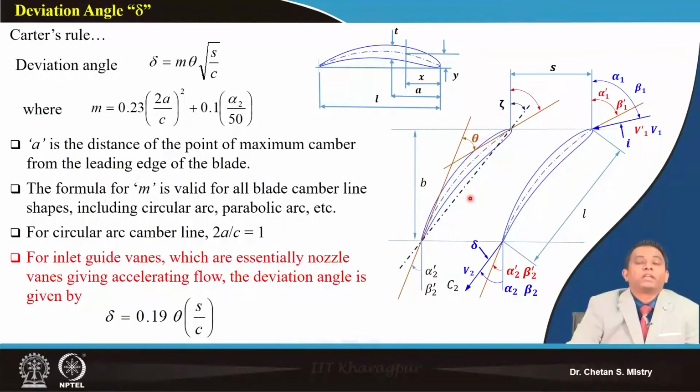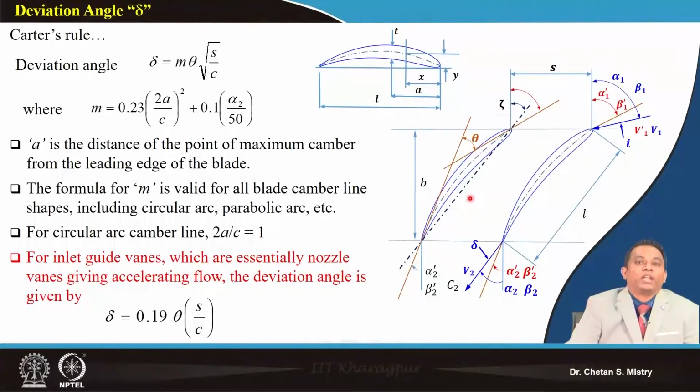So Carter has done a whole lot of experimentation on a cascade tunnel, and based on those experiments he has come up with the equation for the calculation of deviation angle. This is older work from the 50s, but even today, as a rough first estimation, people use this equation.